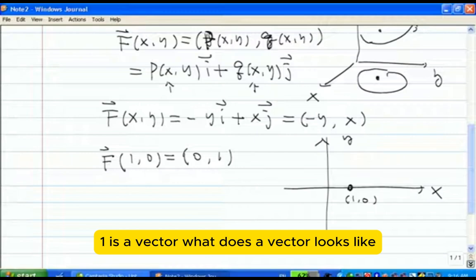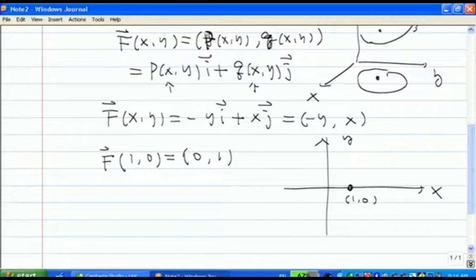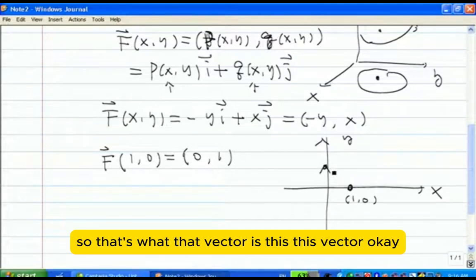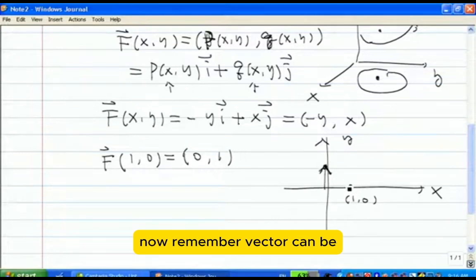What does this vector look like? The endpoint is (0, 1), so that's what that vector is. Now remember, a vector doesn't depend on its starting point, so that's what we have.